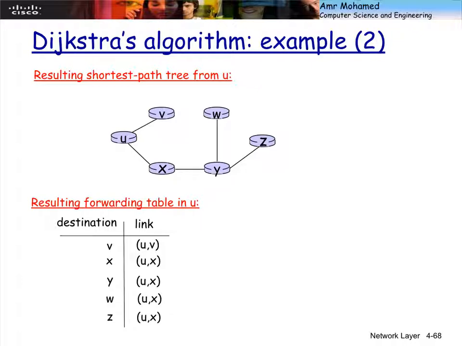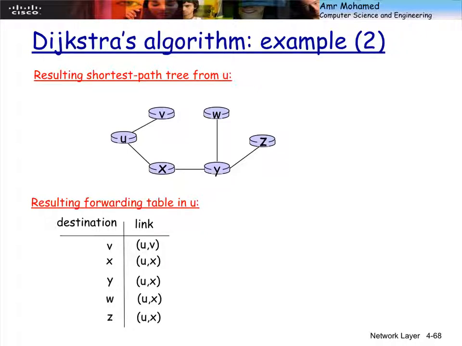So the exact same steps that we have done before can be applied to this, and this is the shortest path tree, which, as I said, does not include all the links of the network. Once you have this shortest path tree, you can now say you don't need the costs to calculate the forwarding table. The forwarding table is the routing table. What you need here is only the shortest path tree.